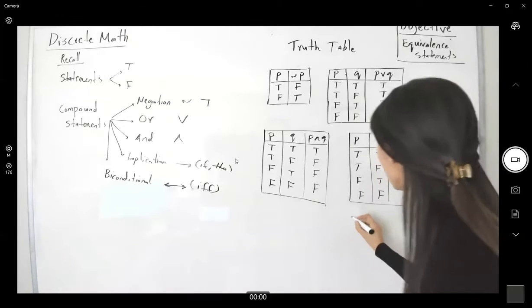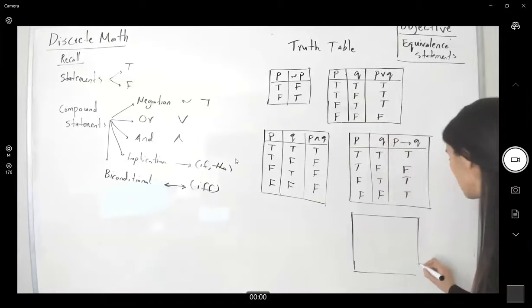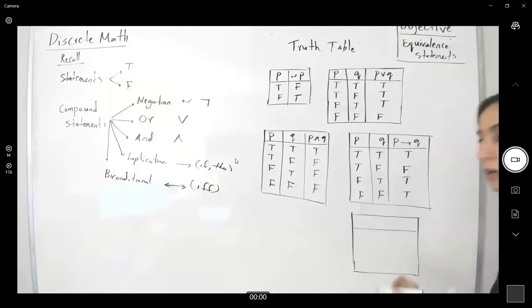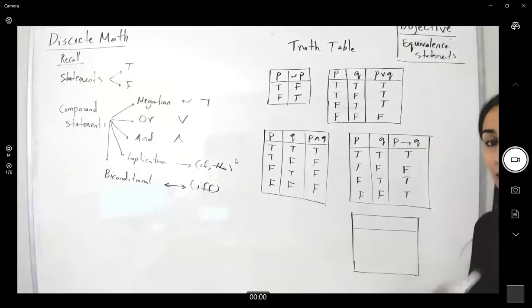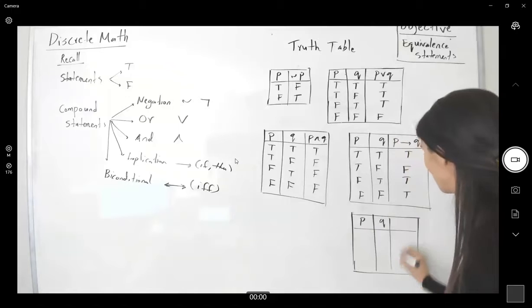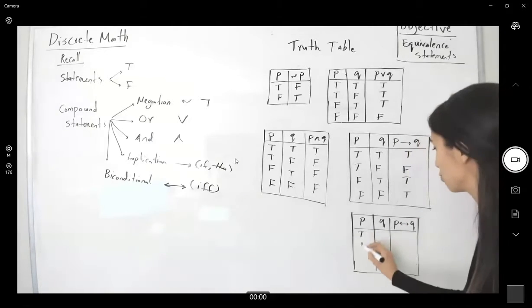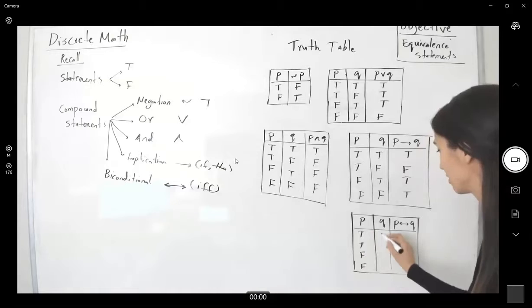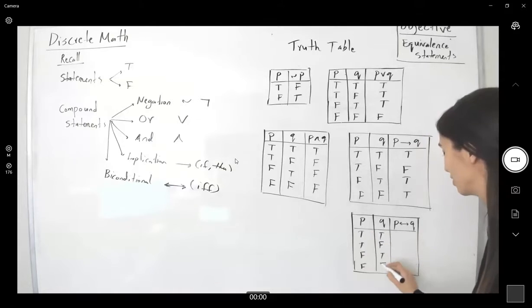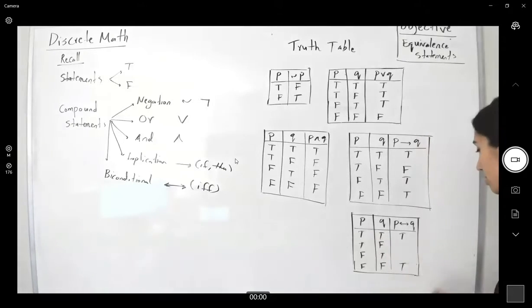And for biconditional statement, we know that the biconditional statement is true if and only if both of the statements have the exact same value. P, Q, P if and only if Q, true, true, false, false, true, false, true, false. So true, then true, true, false, if and only if false, true, and the rest of them are false.